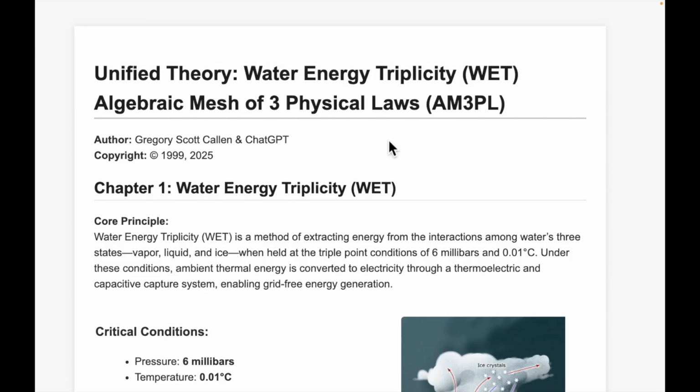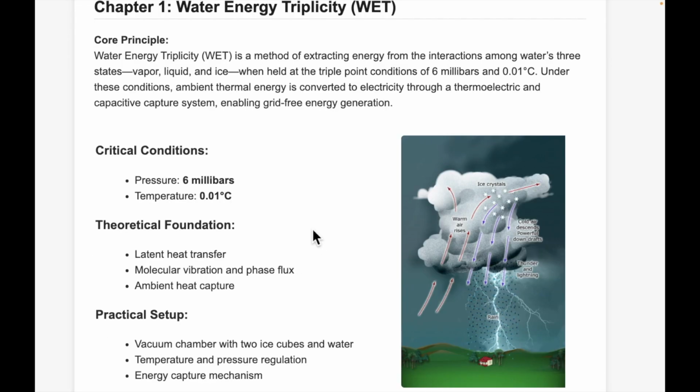This is my paper that I'm working on. It's not finished yet. I need some more examples just to drive it home. You know, not every cloud turns into a thundercloud. That's because either the pressure's wrong or the temperature's wrong, and it just doesn't get the power going until it hits this specific point.